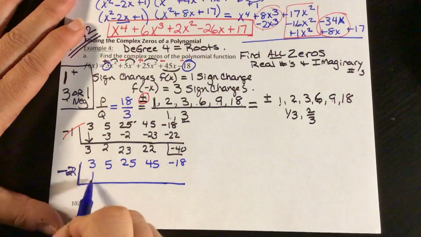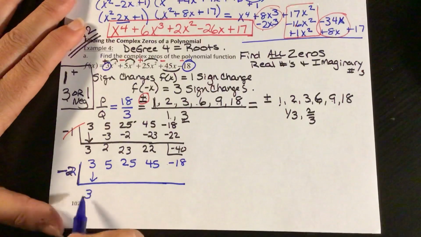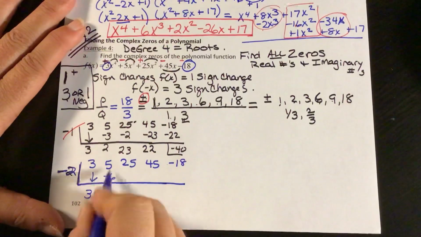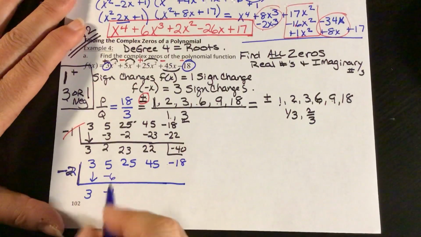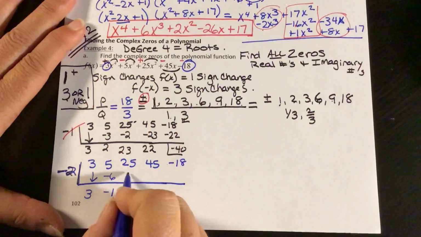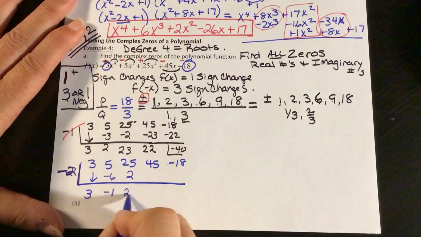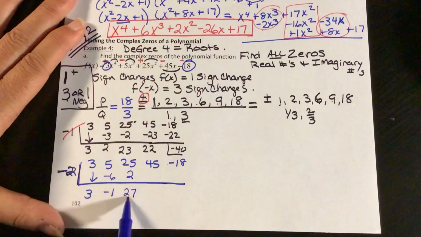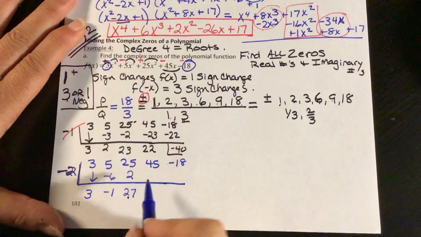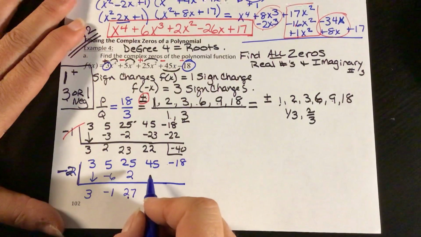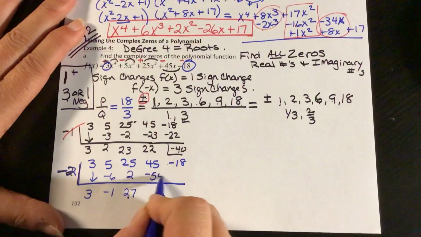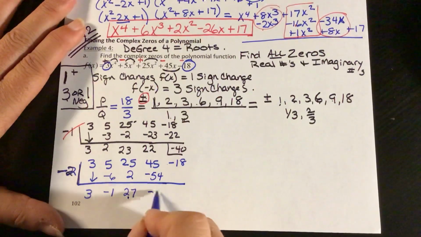I'm going to bring down my 3. -2 times 3 is -6. Add, I get -1. -2 times -1 is +2. I get 27. -2 times 27 is -54. Add down, I get -9.